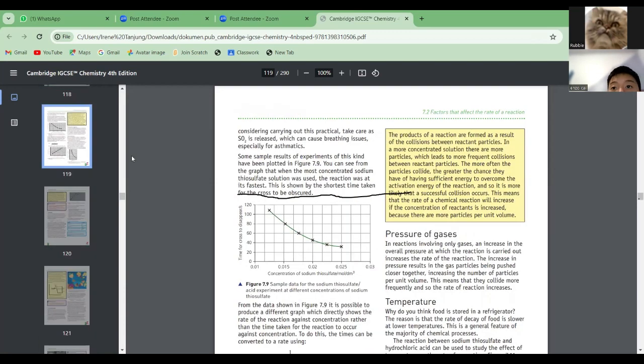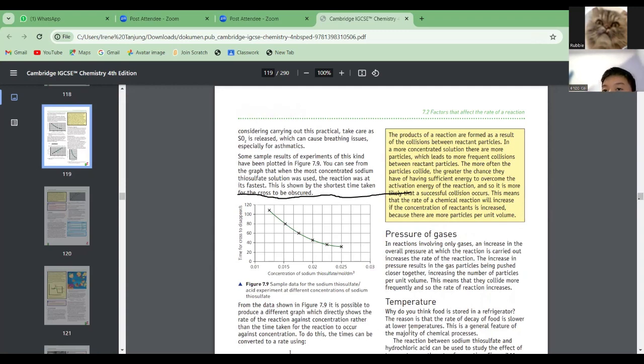Yes, that is one. Temperature. Okay, so what do you think temperature is? Yeah, temperature, heat. But temperature doesn't only include heat.